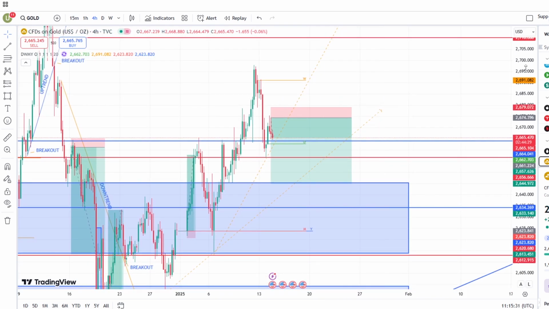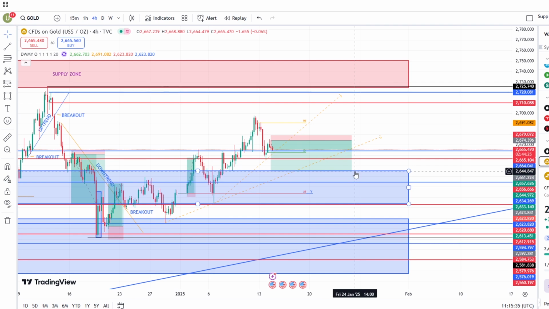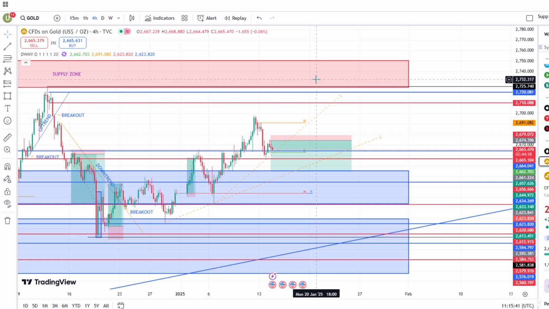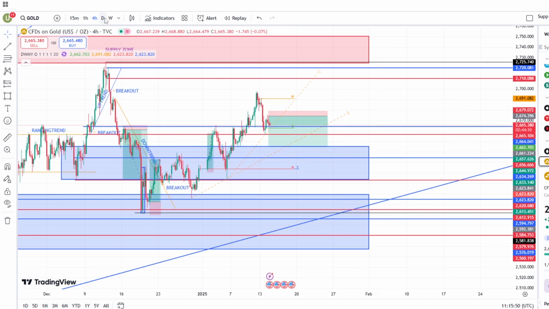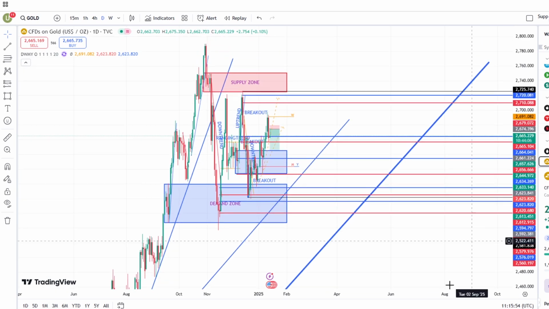So that's about it. I think gold is going up to 2710 zone, and then it's gonna break out of the uptrend and start giving us a downtrend. I'm still trying to figure out if gold is gonna drop.